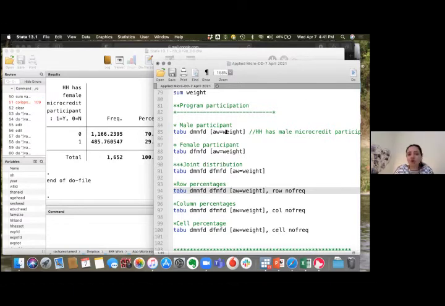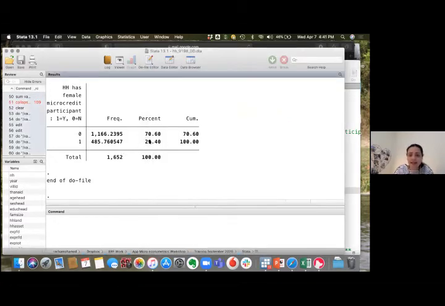So here is an option in STATA that I want to specify because every household sample has a weight. This weight allows me to generalize my results at the population level. So when I am using the weights, I can say that 29% of the Bangladesh households have a female participant. If I am not using weights, this means that I am talking only about my sample.